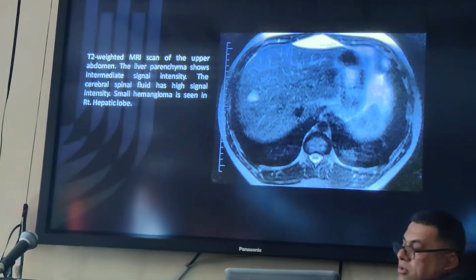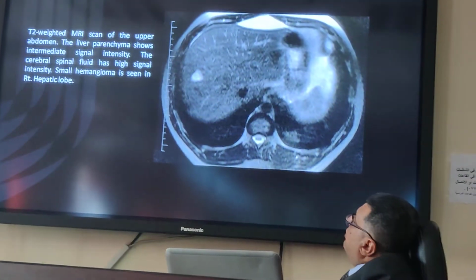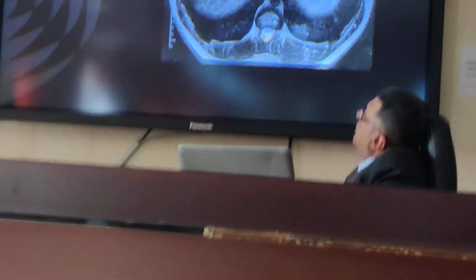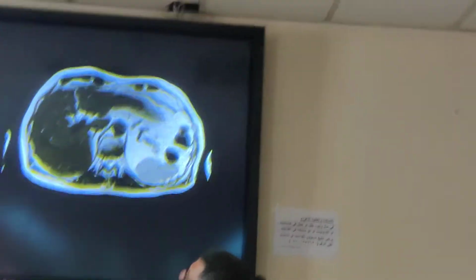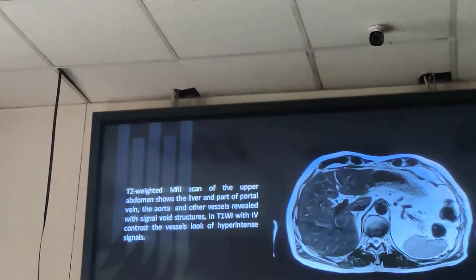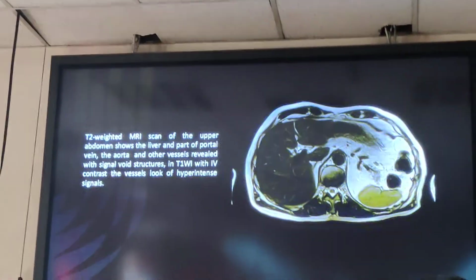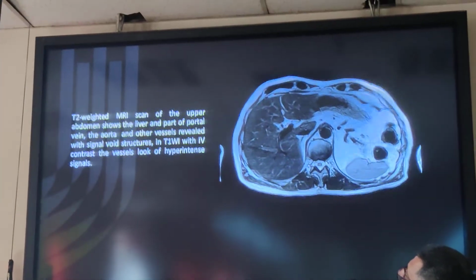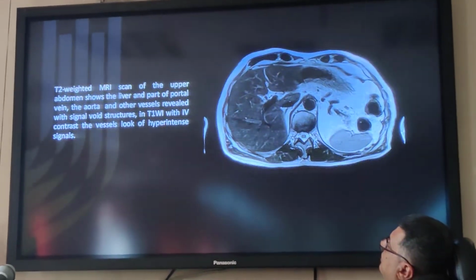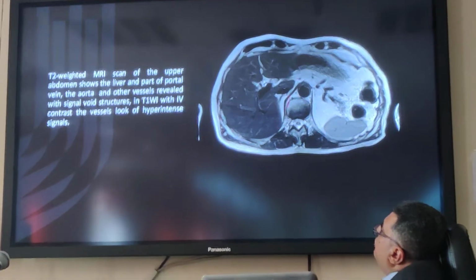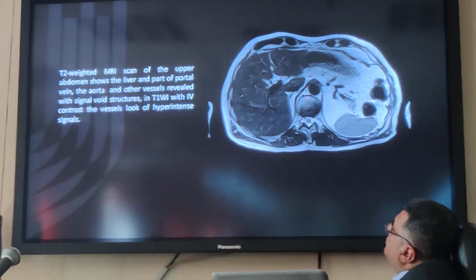This is also the T2 MRI of the abdomen showing a small hemangioma in the right hepatic lobe. This is also a T2 weighted image of the MRI of the upper abdomen, which shows the liver and part of the portal vein and the aorta and other vessels. Usually, there is no contrast.